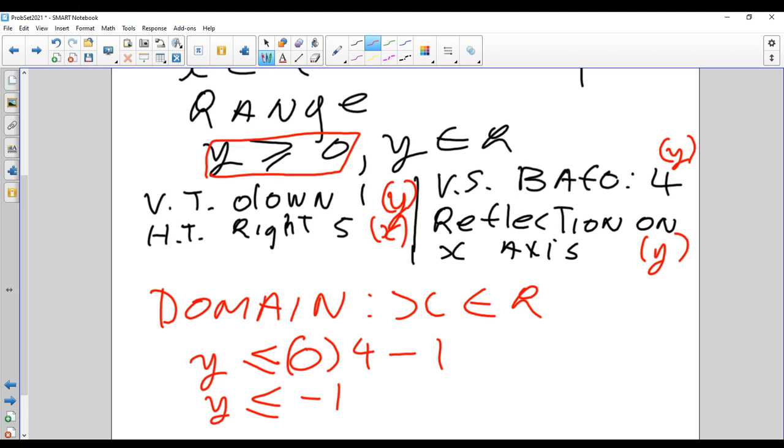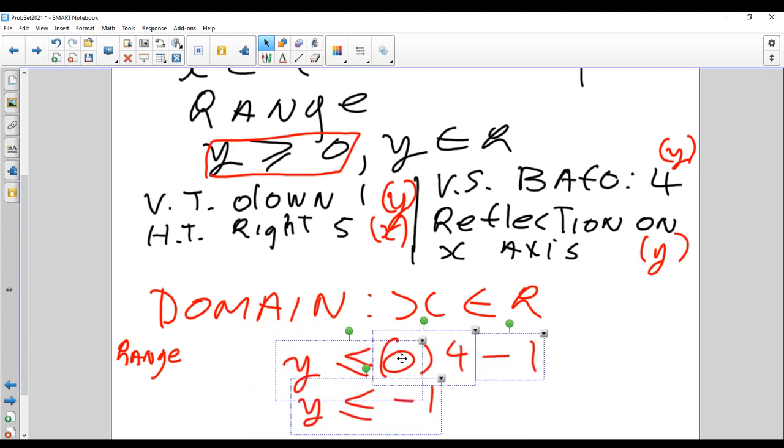By the way, this is your range. Sorry, folks. This is the range. Let me write this on the side here. Range. I'm going to move all of this over, actually. Because y was greater than 0 before, it's now y is less than 0.